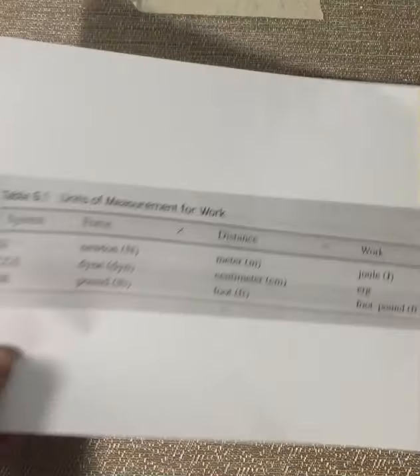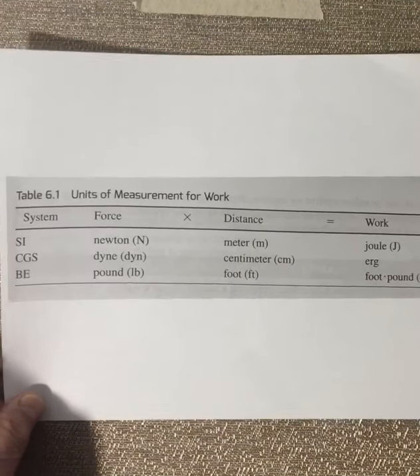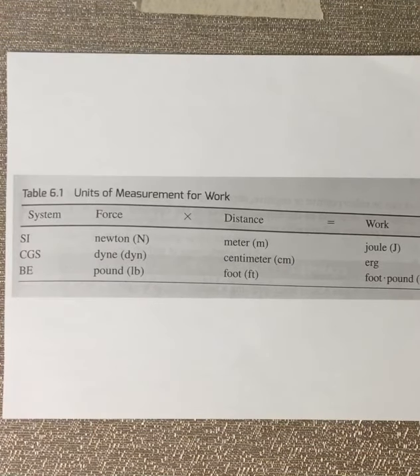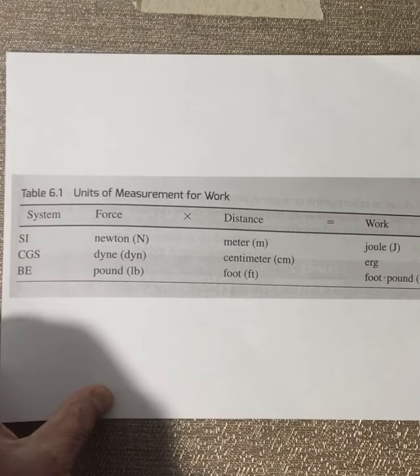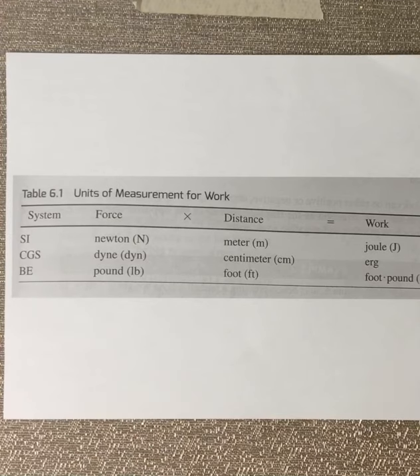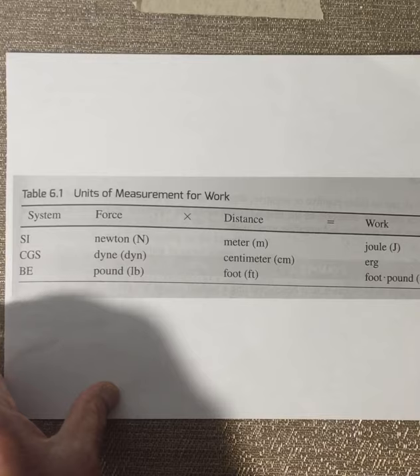These are the units we use to measure work done, SI, CGS, and BE unit wise. So you can go over that, but mostly we'll be using SI units to solve problems.